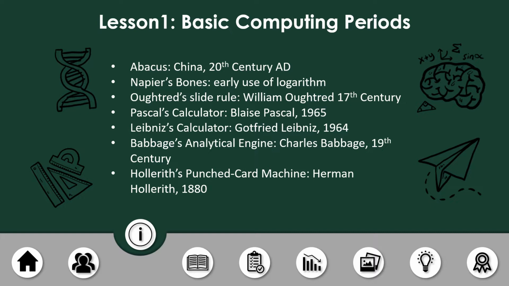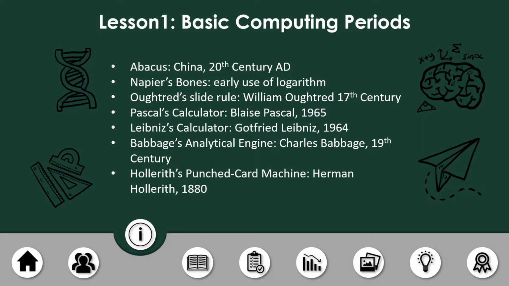Unlike the abacus that only provides us with a minimal quantity, we can now handle big quantities, millions and trillions, using the Napier's bones. It is called Napier's bones because the tool uses bones or ivory. Then we have the Oughtred's slide rule.